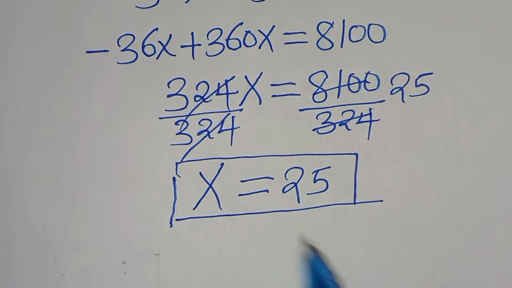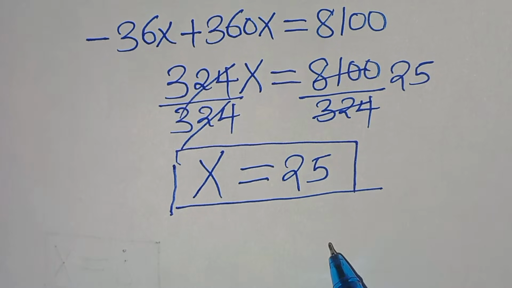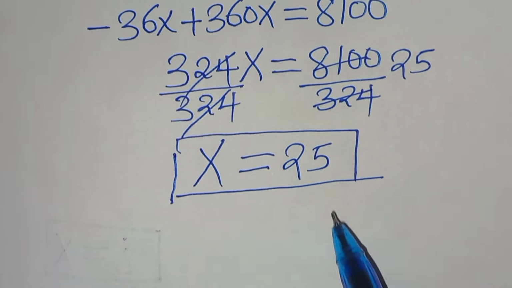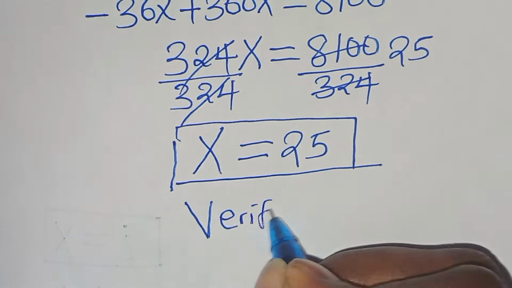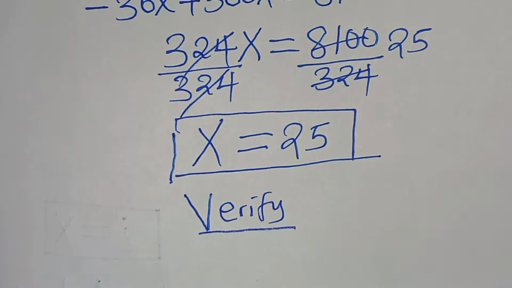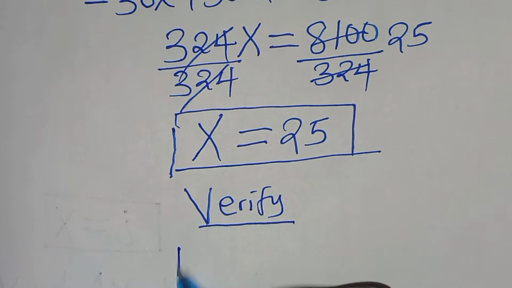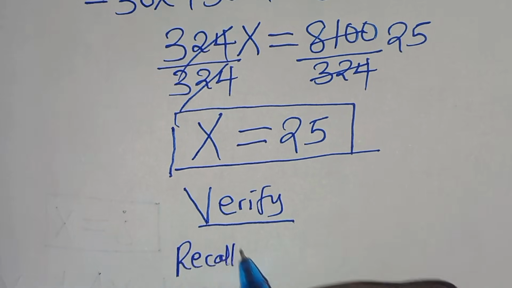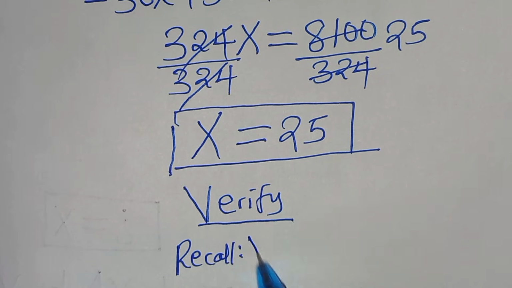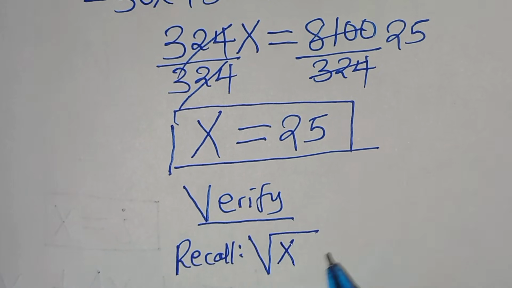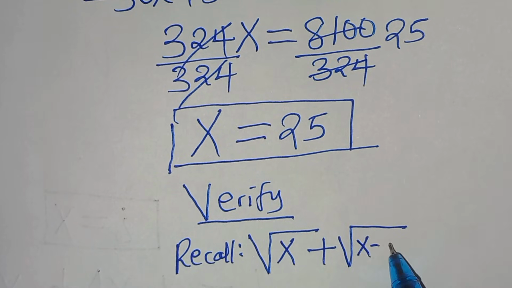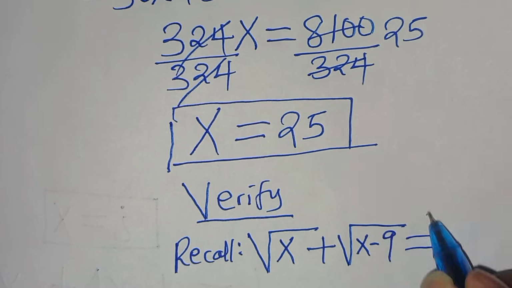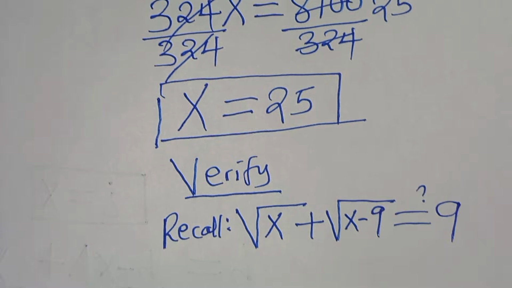The next step is to verify that this value of x satisfies the equation. So let's verify from here. If you recall, the square root of x plus the square root of x minus 9 is supposed to give us a value of 9.